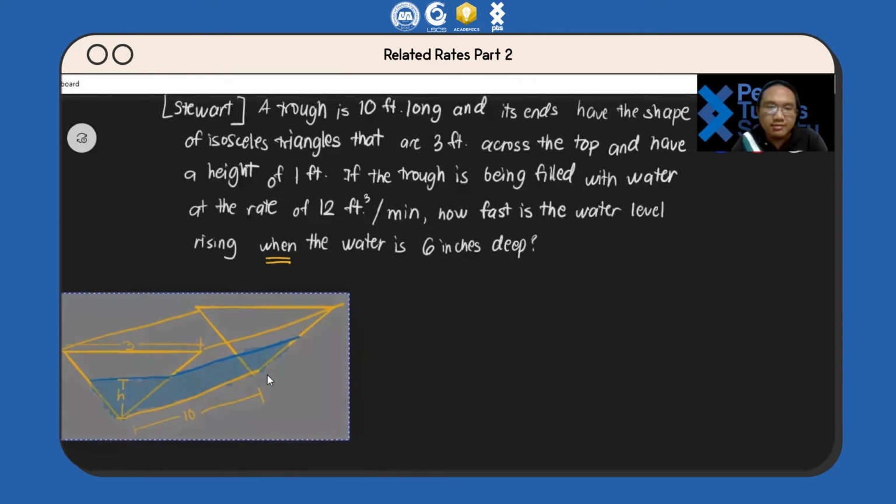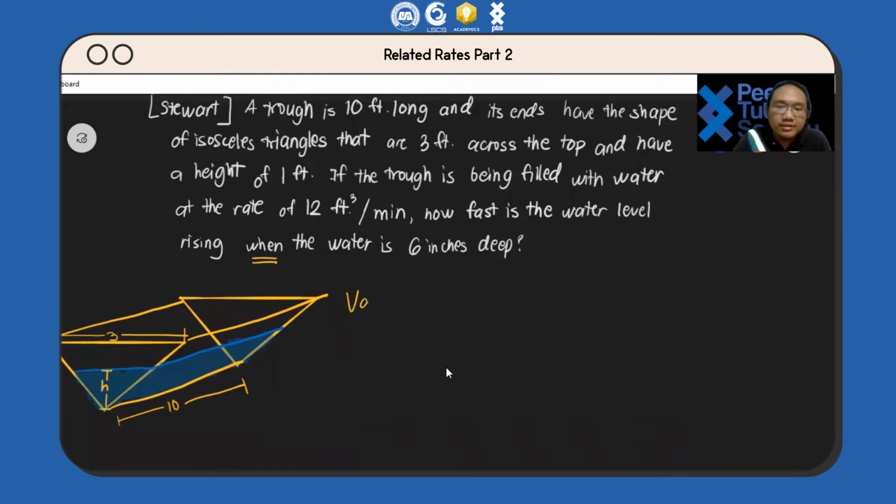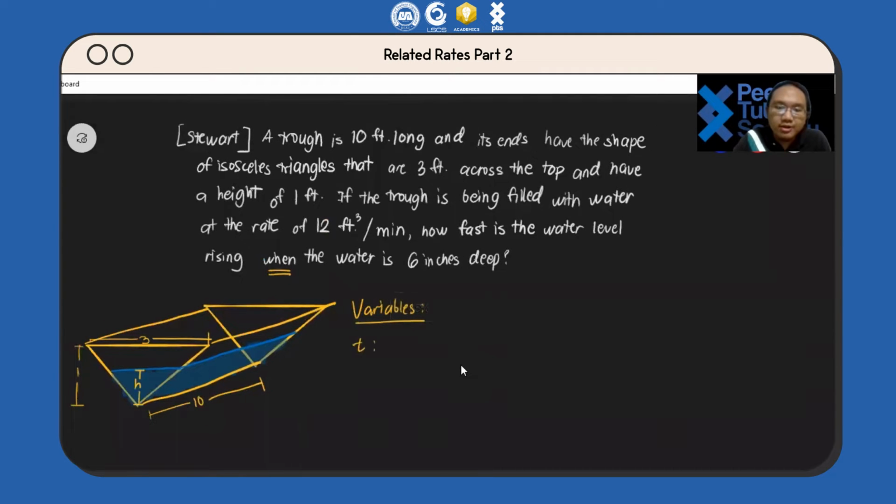I think it would be nice if we move this just a little bit. Okay, so let's begin with our variables. What are the variables for this specific problem? T is always the variable of interest. It pertains to our time after all. H is the water level at time T. And what's the other variable? 12 cubic feet per minute.